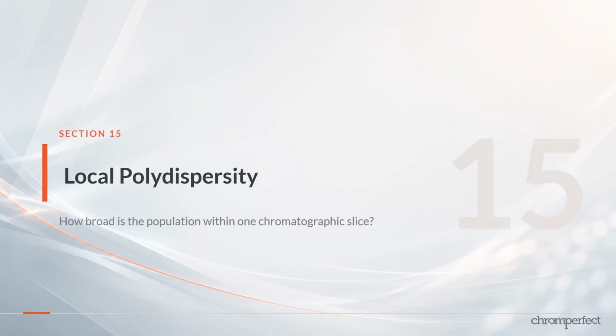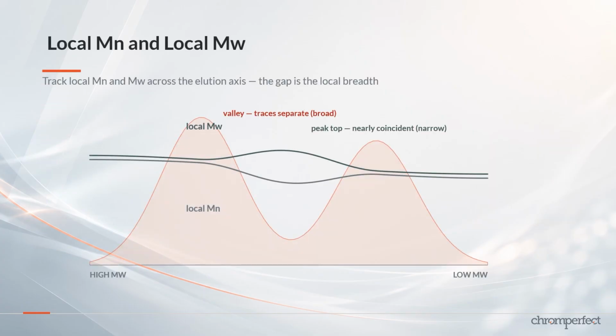Local polydispersity. The calculated Mn and Mw traces can also provide information about the polydispersity of individual chromatographic fractions. Where Mn and Mw are nearly coincident, the local fraction is relatively narrow. Where the two traces separate, the local polydispersity is greater.